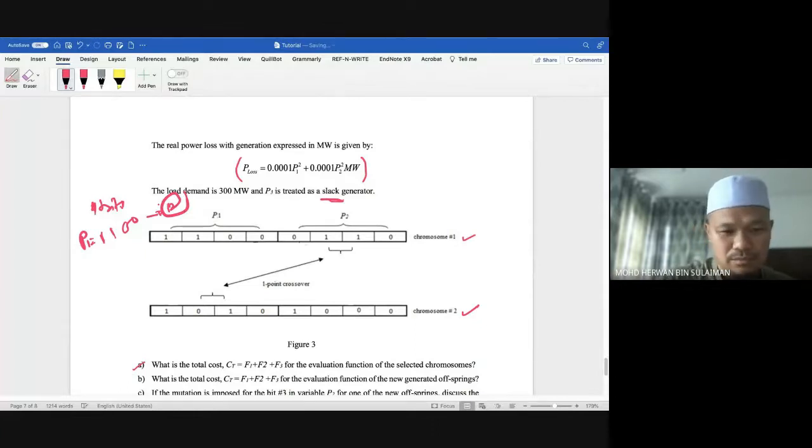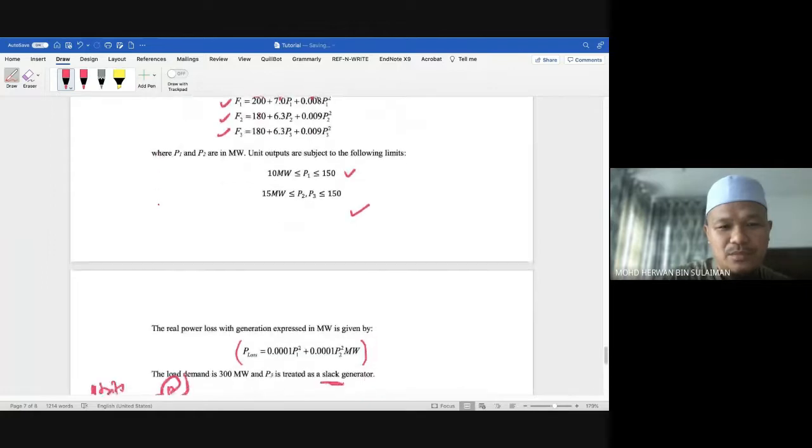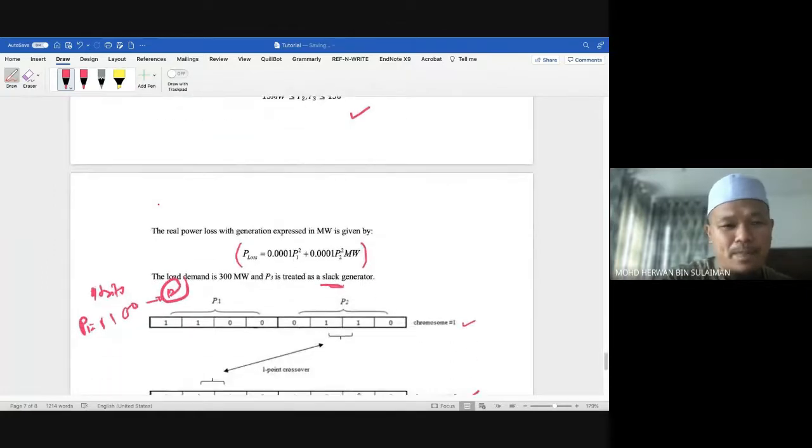So how can we get the value of P1? We have 12 times, because we have 4 bits.